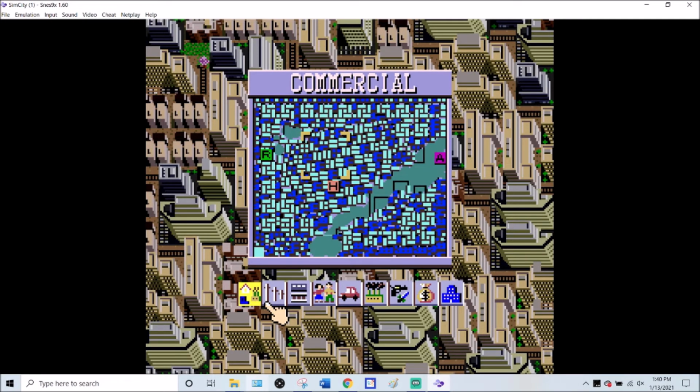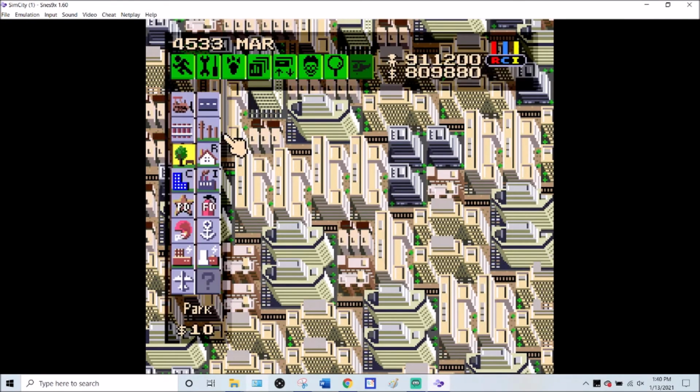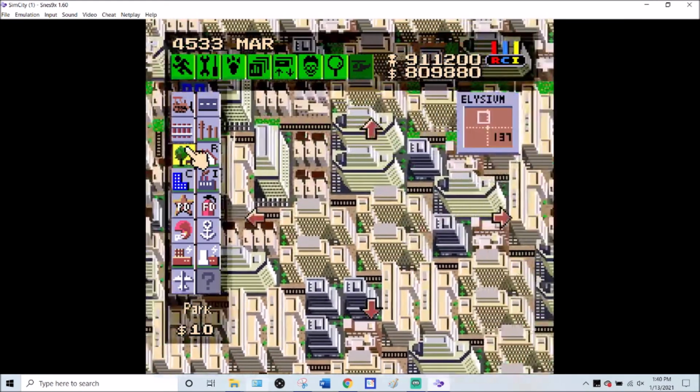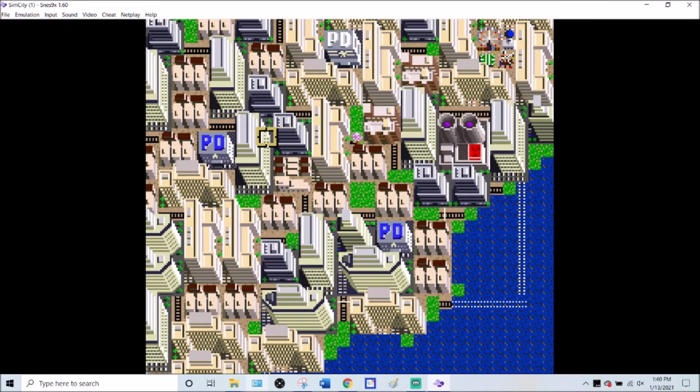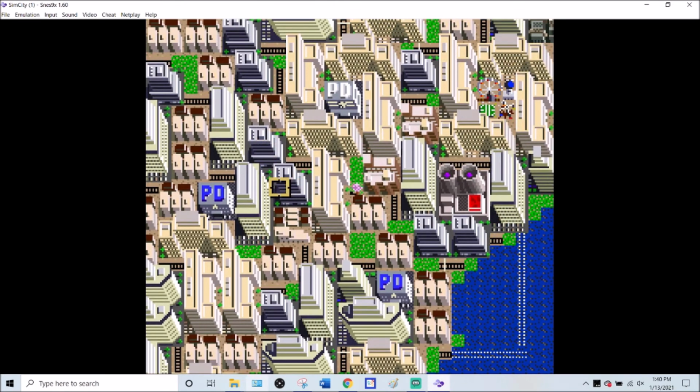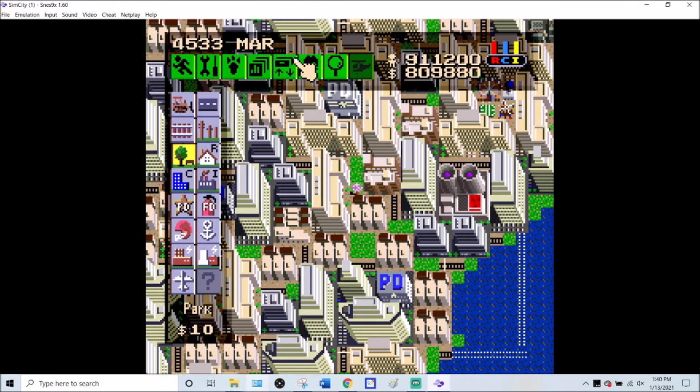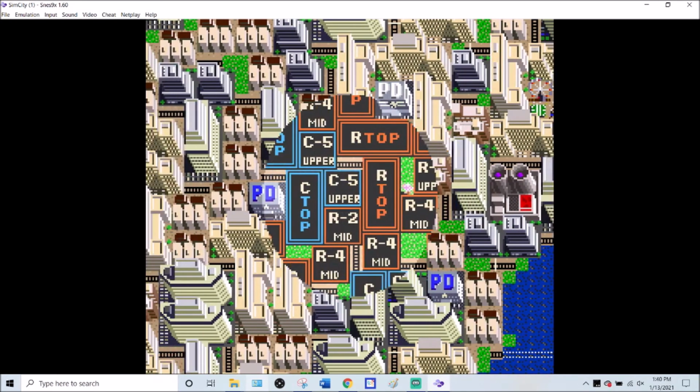The only time you may not necessarily do that is if you have commercial zones that are really, really close to a residential area. For example, if this zone right here were a C3 upper, I believe. Yeah, C4 upper.